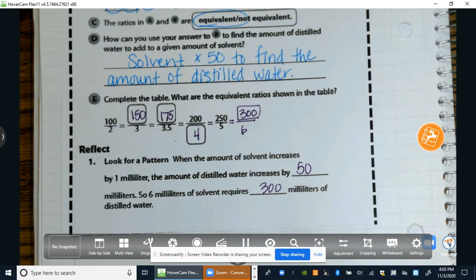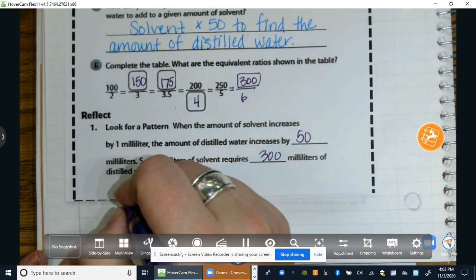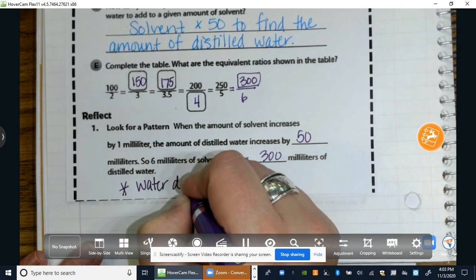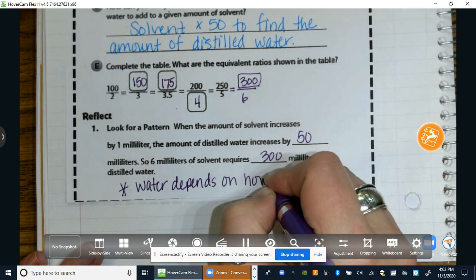Okay, so real quickly, we talked about independent and dependent variables. So water, the amount of water depends on how much solvent you have.